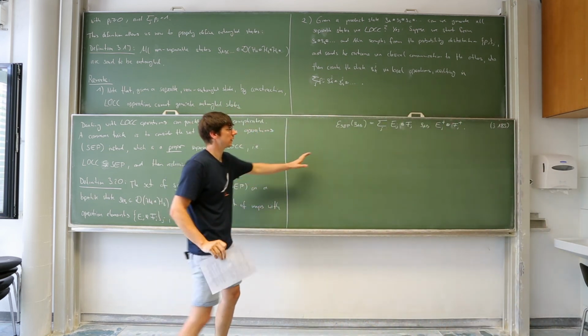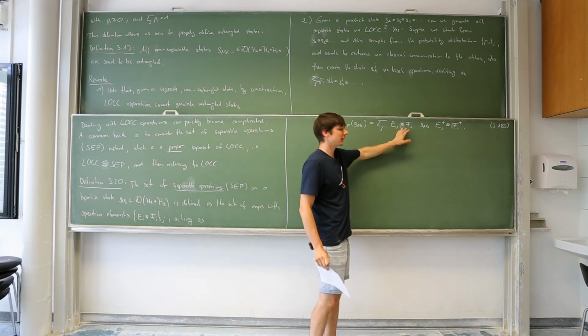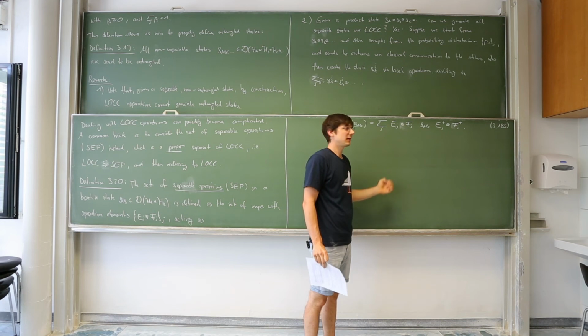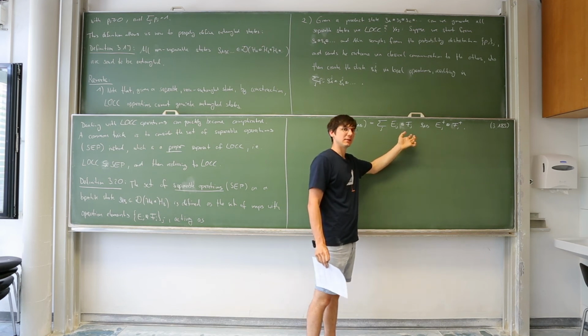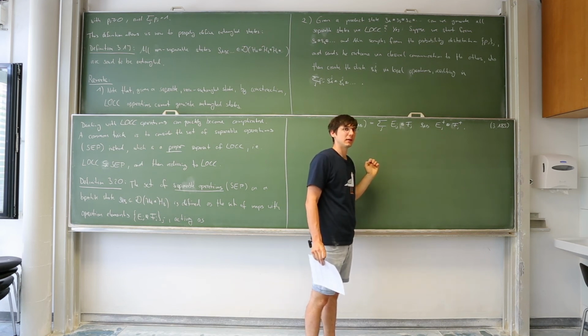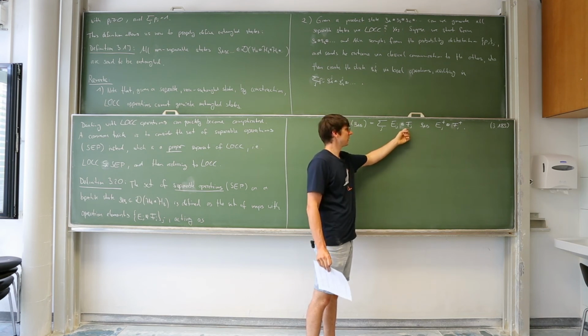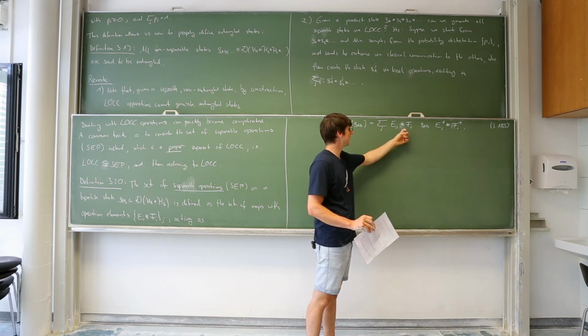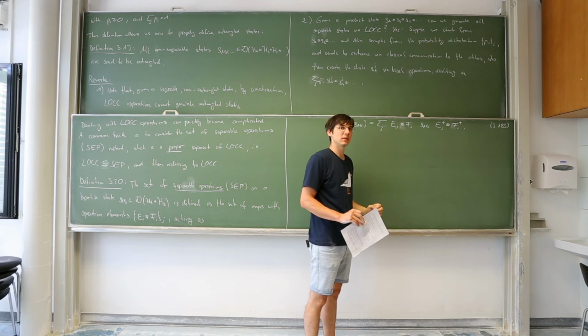Okay, you see that if you compare with the definition of LOCC operations, it is similar, but in the end it's different, right? And it takes an easier form. And now I think you see why it is sometimes easier to start with calculating with separable operations.